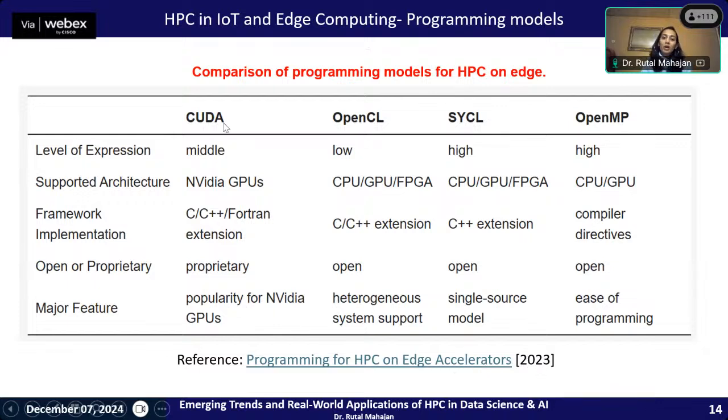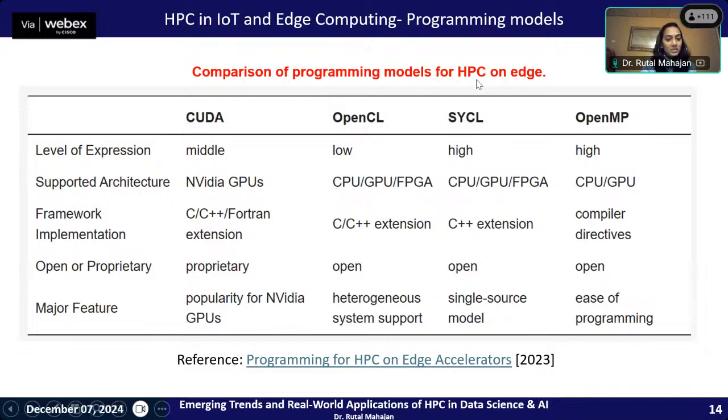They reviewed different HPC architectures on edge devices or IoT systems, and they found that majorly these programming models are used: CUDA, OpenCL, SYCL, and OpenMP for programming HPC on the edge devices.